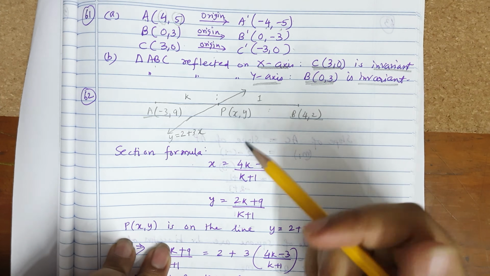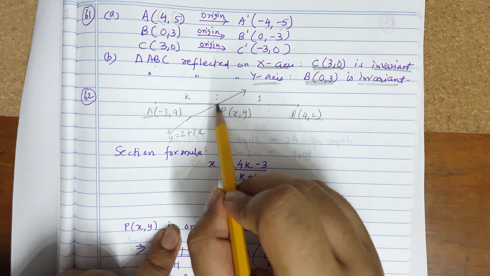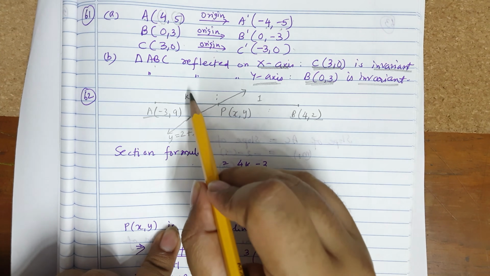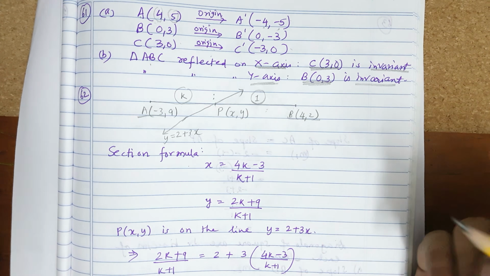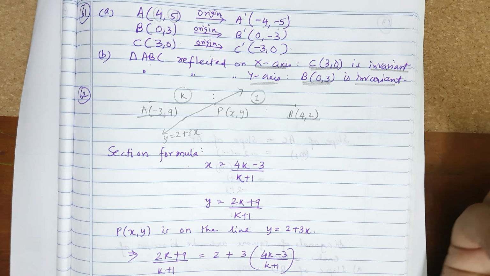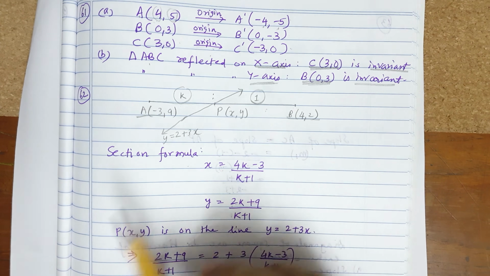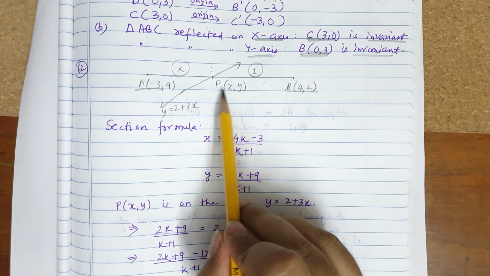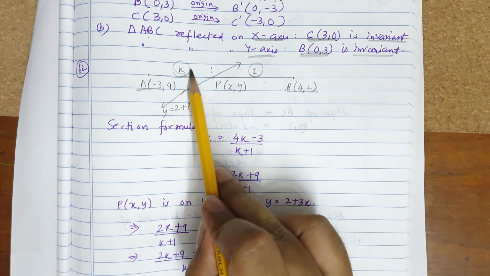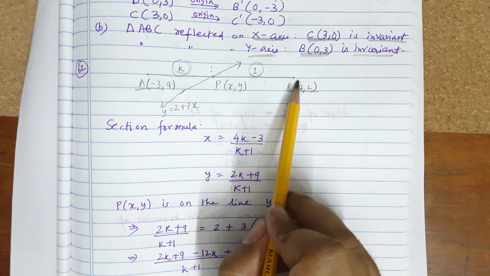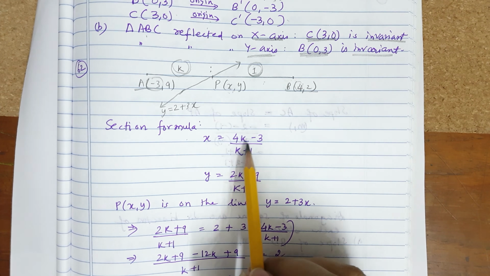So you can take, let the ratio of AP is to PB, calling point P as the point of intersection, be k is to 1. Let's say that's the ratio. Then if I find the value of k, I will find what is the ratio. Now, if I apply section formula normally, the x coordinate of point P, let's say x, will be equal to k into 4 plus 1 into minus 3.